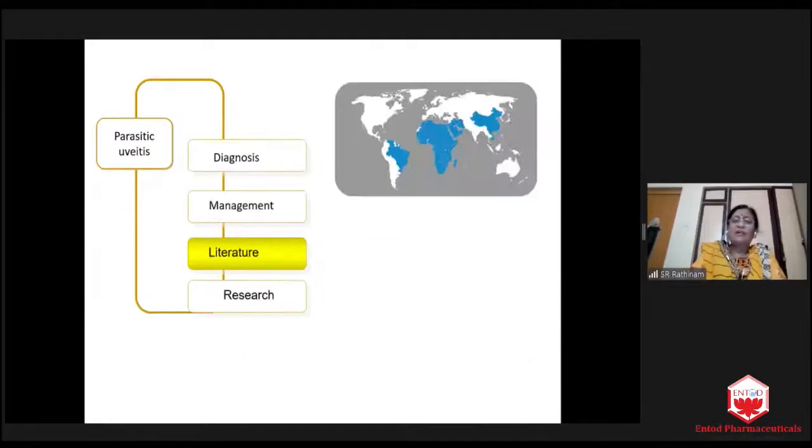And literature, unfortunately, many of the books show a white map, like America, but unfortunately, this white color is because of lack of literature. Even in Africa, they have literature. Even in Brazil, they have literature. Many of us do not publish parasitic diseases.